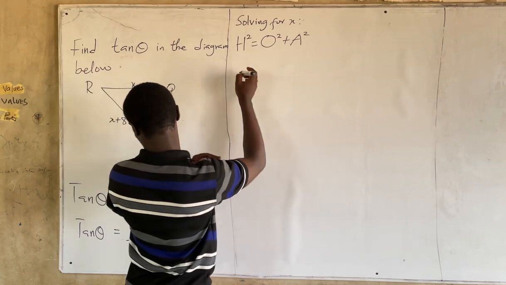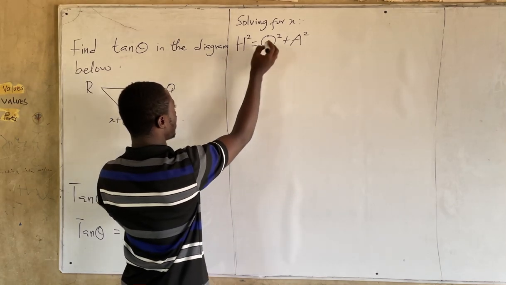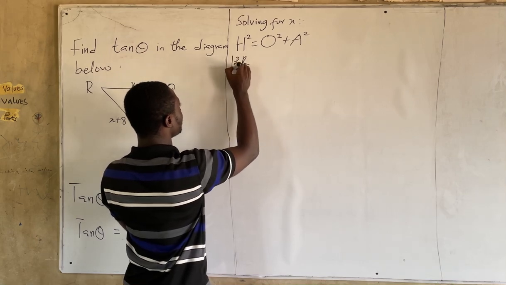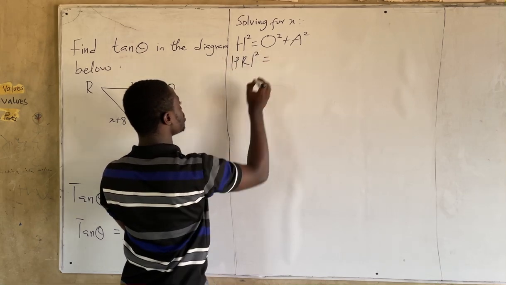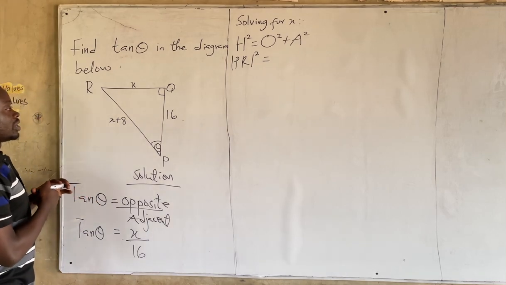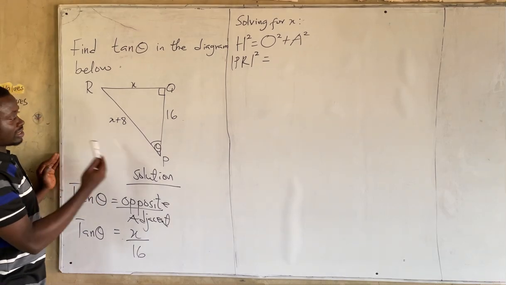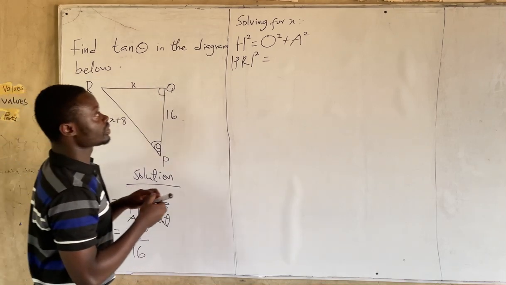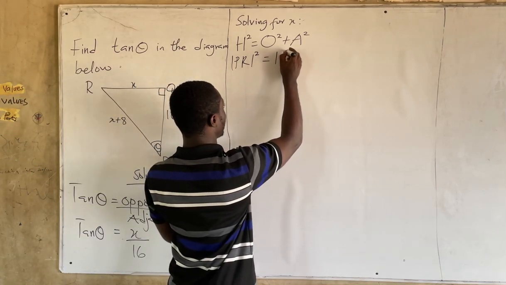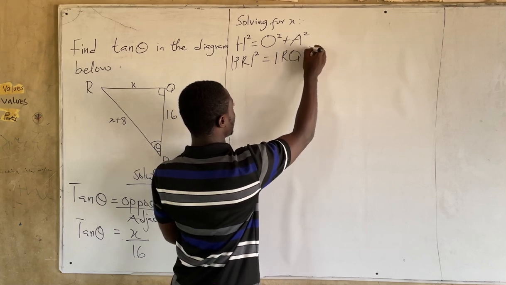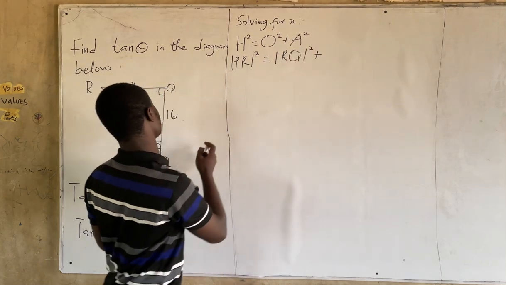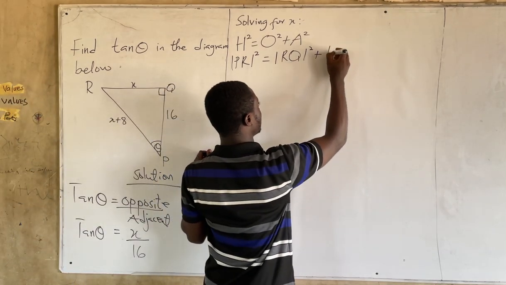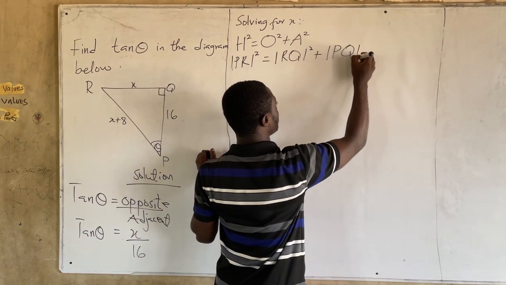So line PR equals line RQ squared plus line PQ squared, where the opposite is where theta is facing, line RQ, and the adjacent is line PQ.